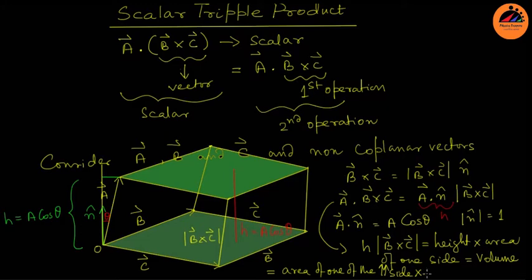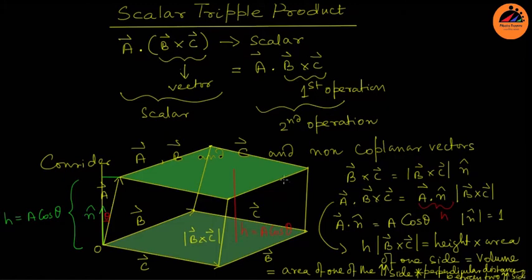times, or, this is not a cross, this is basically just multiplication. You can introduce it by a star or something like that, times perpendicular distance between two parallel sides.